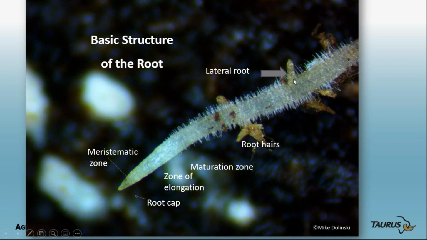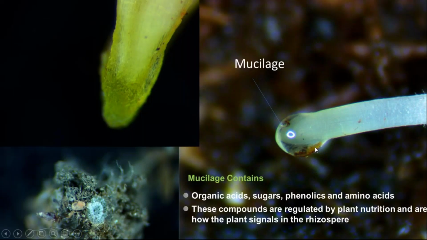Further back, the plant then puts out lateral roots to expand this rooting zone. But these root hairs live 5, 6, 7 days, and the plant has to be growing through the soil continuously to access new minerals and water.